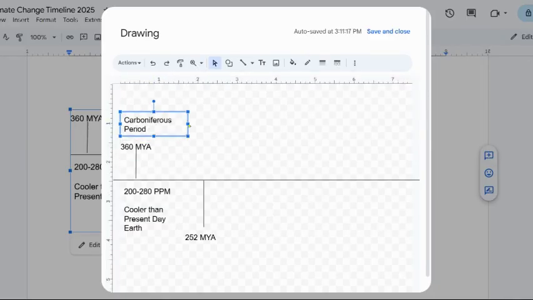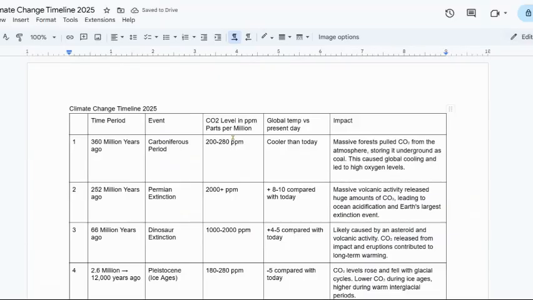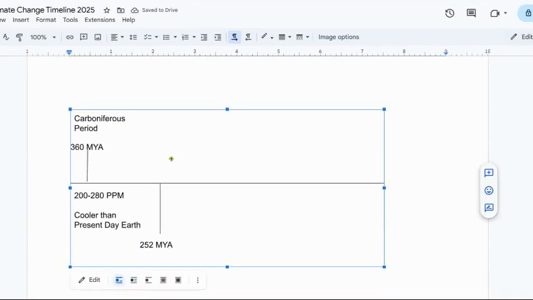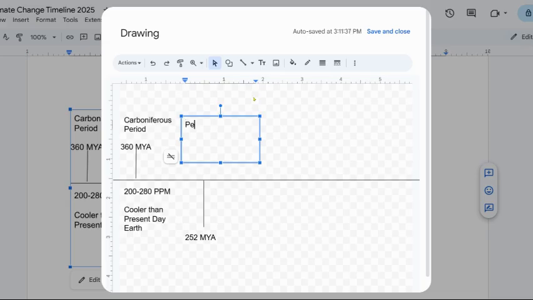Okay. There we go. And now I'm going to be able to put this one. This was the Permian extinction. Permian extinction right here. Volcanoes release large amounts of CO2.